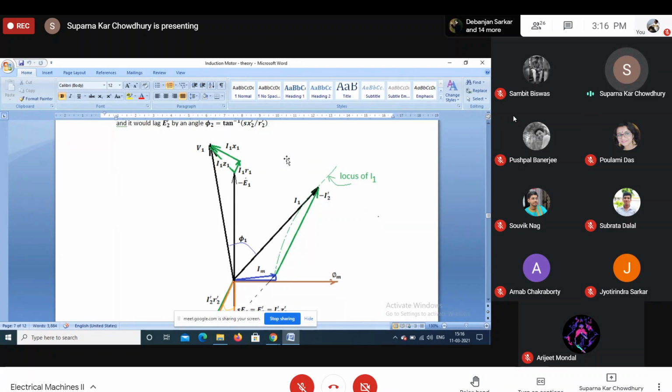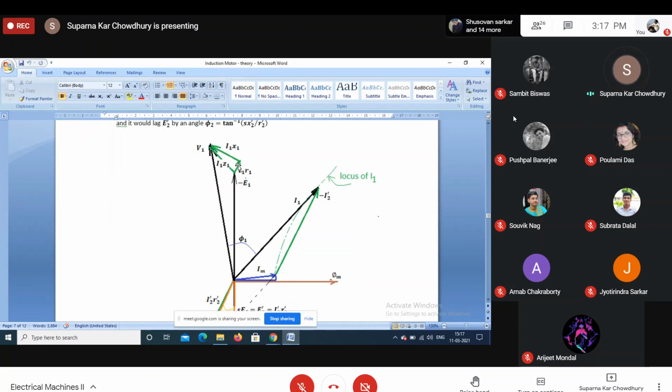Now the stator input power is V1 I1 cos phi 1. So I1 has components. This is I2 dash. This component of current will supply the core losses. And if we consider this voltage V1, these three are the components.